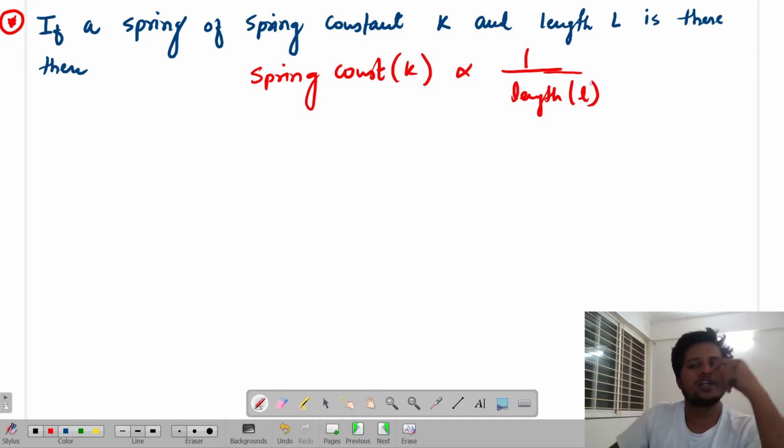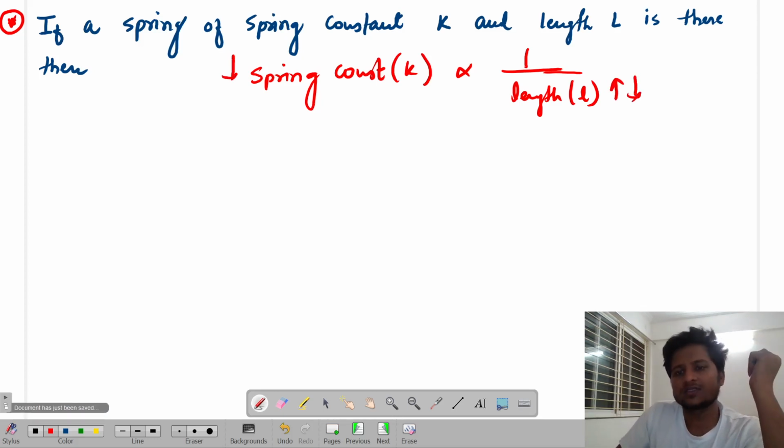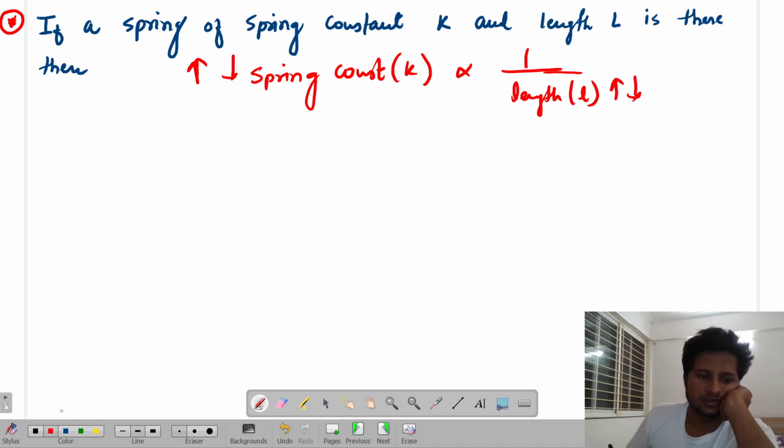It means if you increase the length, the spring constant decreases. If you decrease the length, the spring constant increases. Is that clear or not?